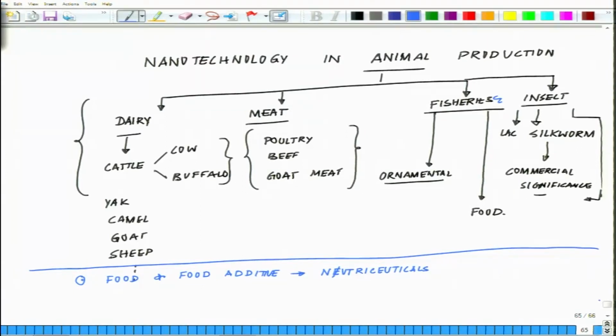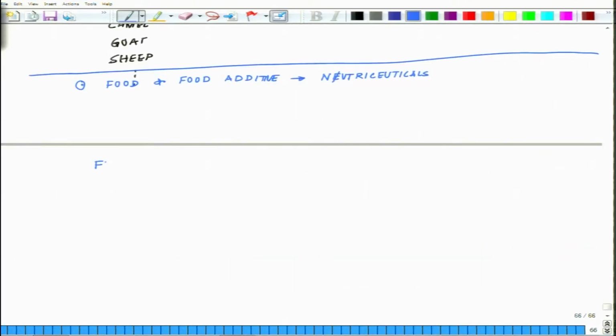So essentially in nutraceuticals, we are talking about feed supplements at the nanoscale, like minerals and vitamins.